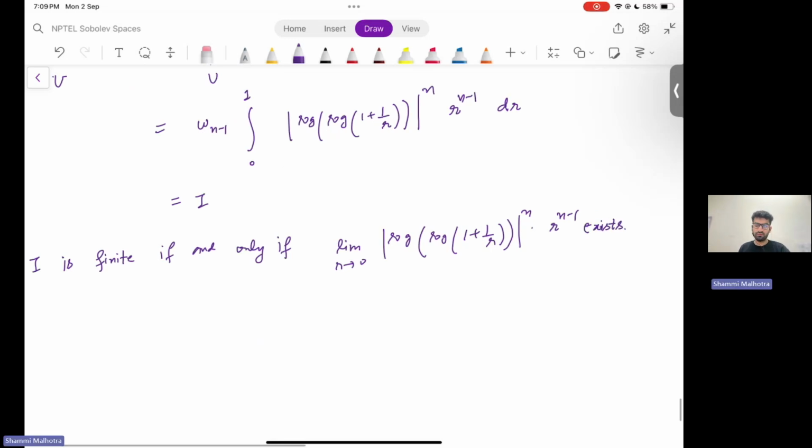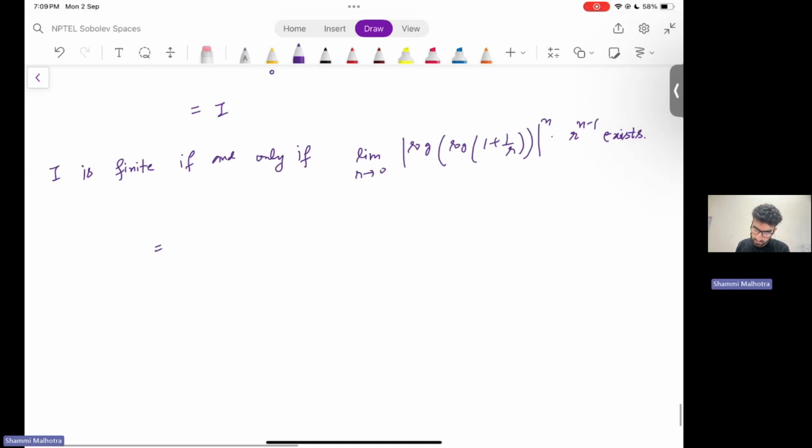The existence is enough. So when my r is between 0 and 1, when r is close to 0, 1 upon r is sufficiently greater than 1. So log of 1 plus 1 upon r is again positive.